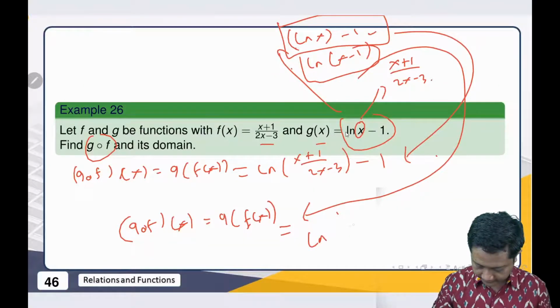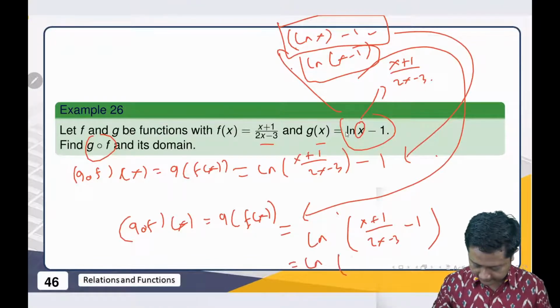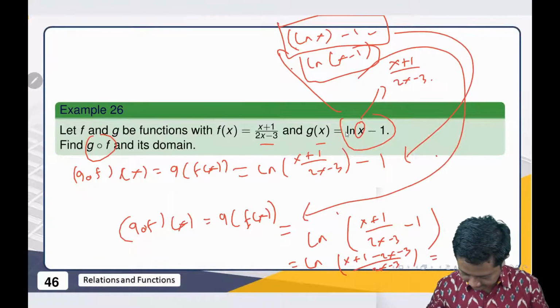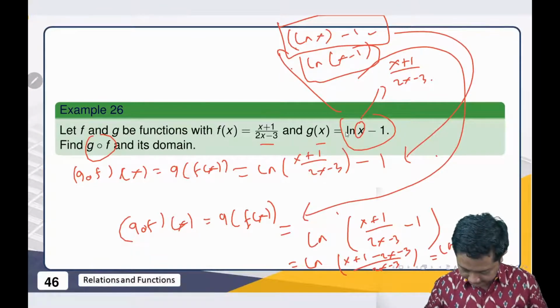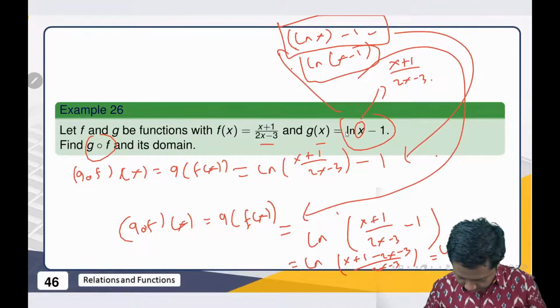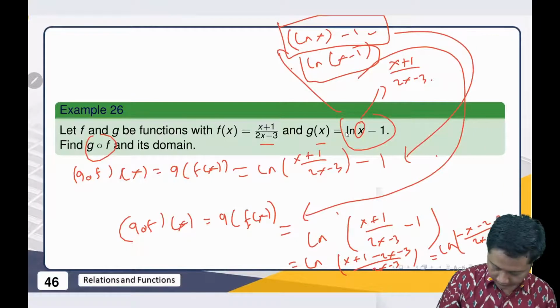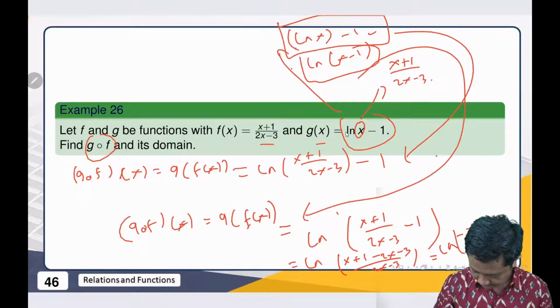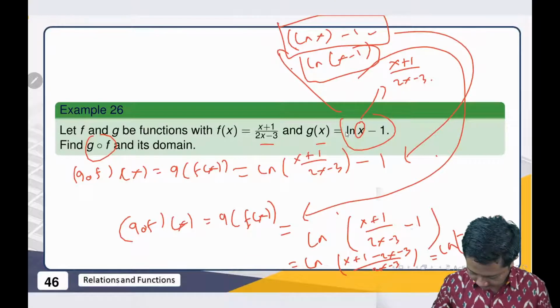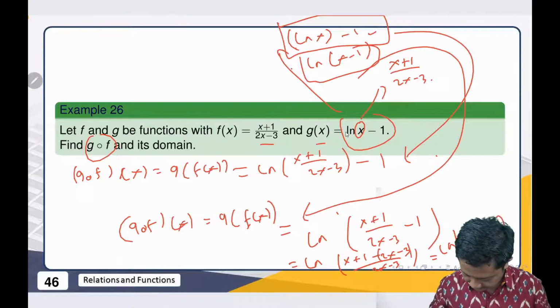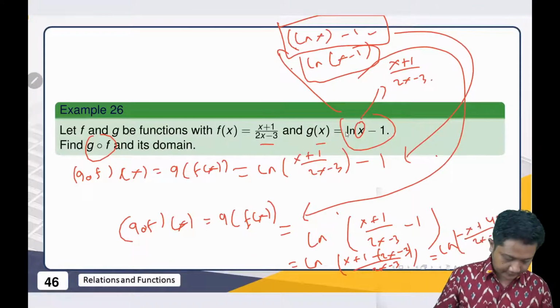That will be ln of (x plus 1) over (2x minus 3), minus 1, and this one will give us (x plus 1 minus 2x minus 3) over (2x minus 3). So this one is ln of (minus x minus 2) over (2x minus 3). Okay, so is it correct? Yeah, this one should be here, plus 4. Okay, minus x plus 4.